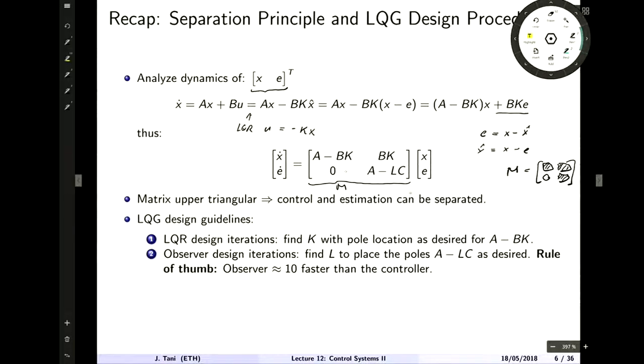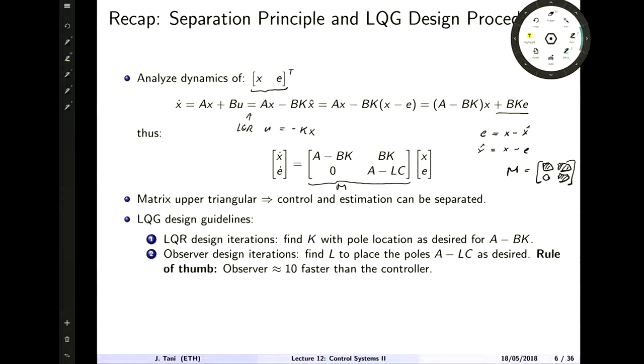So if we calculate the eigenvalues of this matrix, we will find out that it's nothing else but the union of the eigenvalues of the upper left box, which is A minus BK, and A minus LC. So the eigenvalues of the combined dynamics are nothing else but the eigenvalues of the control problem, unified with the eigenvalues of the estimation problem.